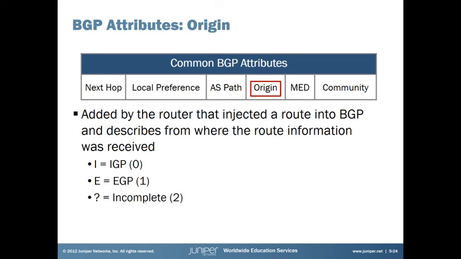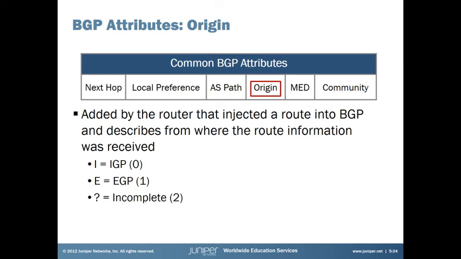There was a long time ago a protocol called EGP. It's no longer used at all, and therefore that particular attribute, the E attribute, is really redundant. Okay, it's not used anymore.